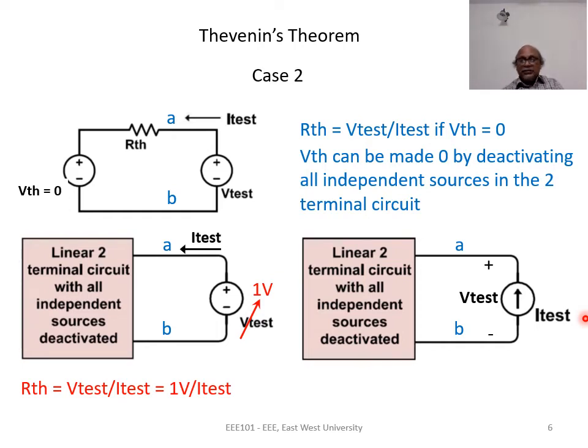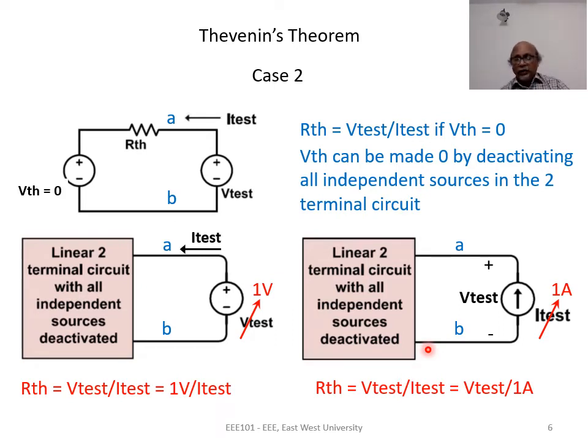But for simplicity, we choose ITest to be 1 ampere. So for this 1 ampere test current source, we will find the value of the voltage VTest. And once VTest is determined, as in the previous procedure, RTH is VTest divided by ITest, which is VTest over 1 ampere.